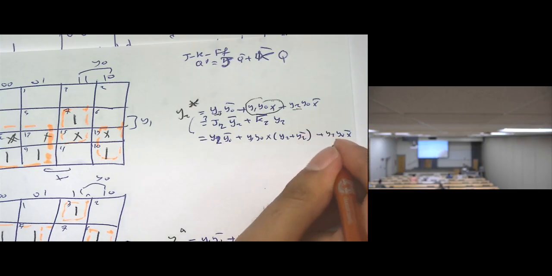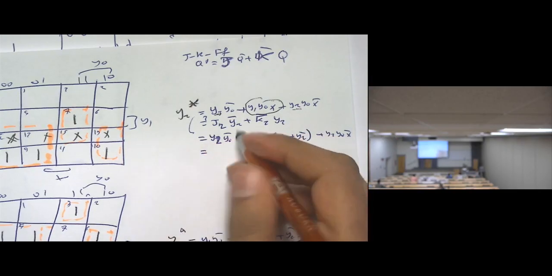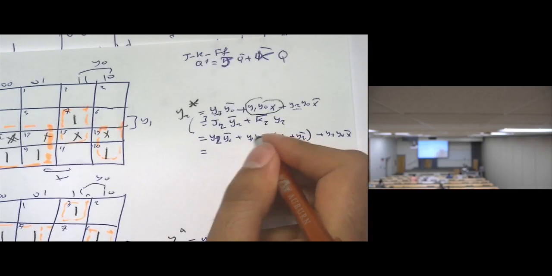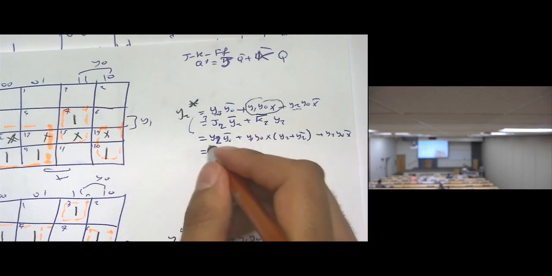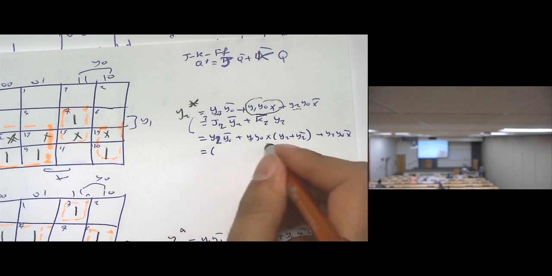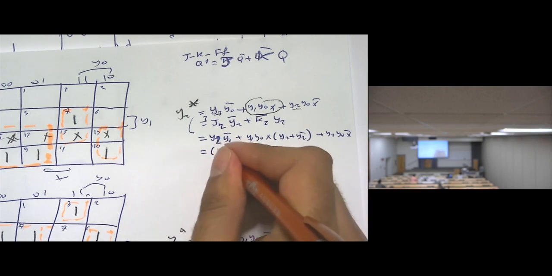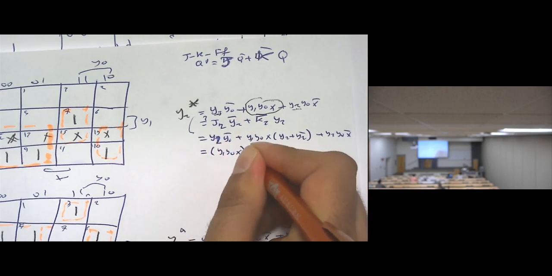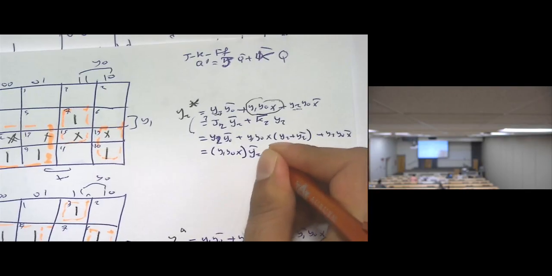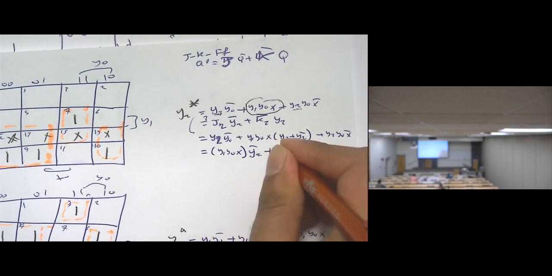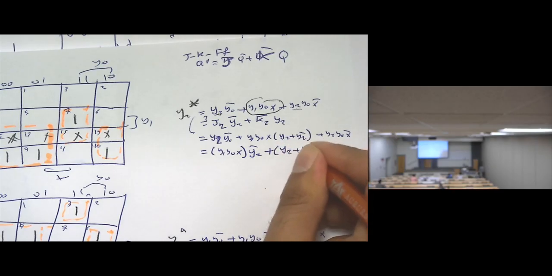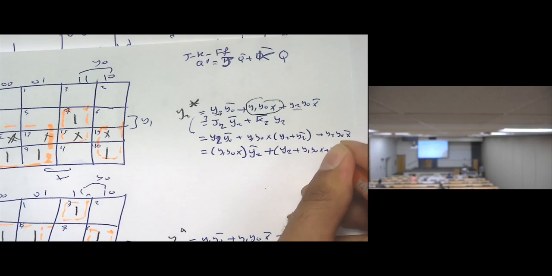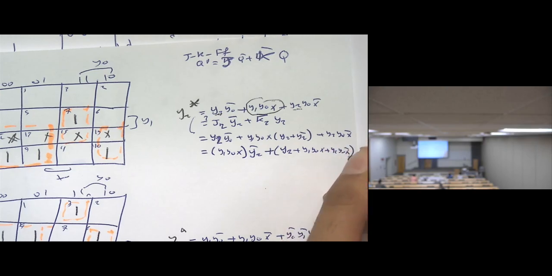Then, since here we have j2, j1, y2, we can say j2 is the term that has y2 bar, which is y1 y0x times y2 bar, plus here is y2 plus y1 y0x plus y2 y0x bar times y2.